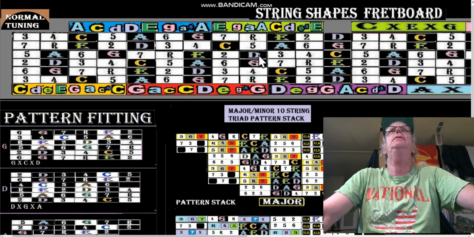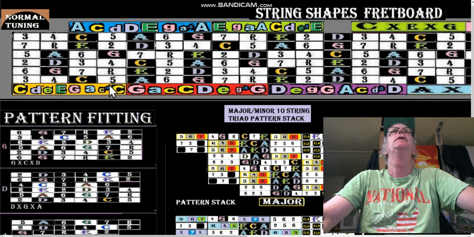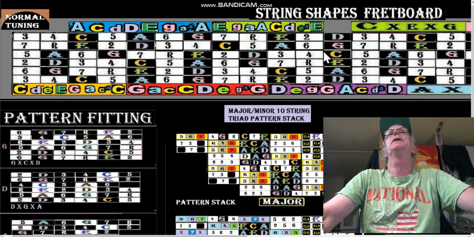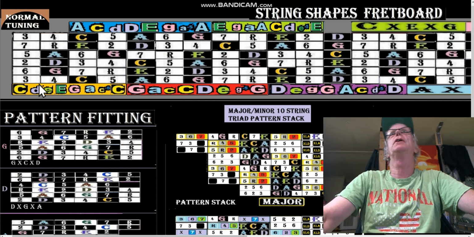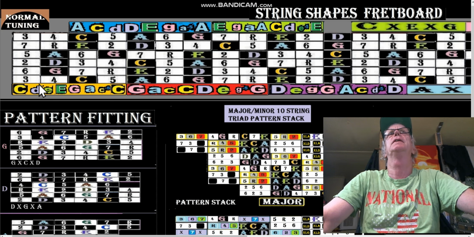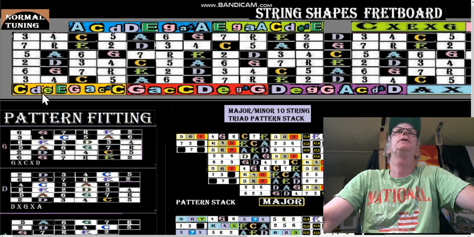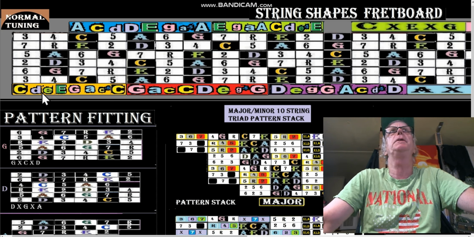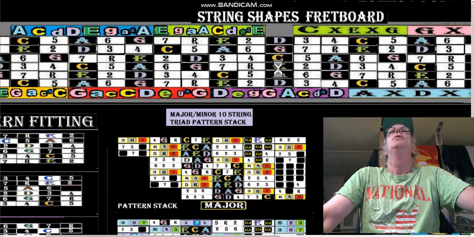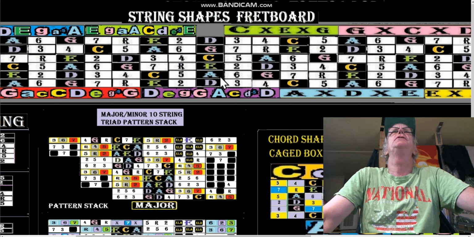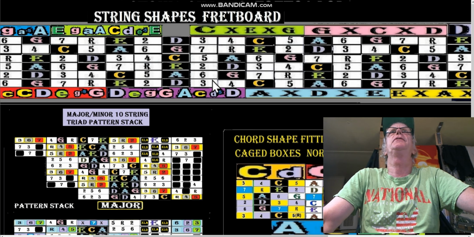Just looking at the fretboard, this is a normal tuning guitar. Usually we consider the fret nut to be right here, and that would mean that the numbers correspond to the key of C. But remember, we could do anything in the key of C. The ramification of the tuning third. Up here's the key of C again.